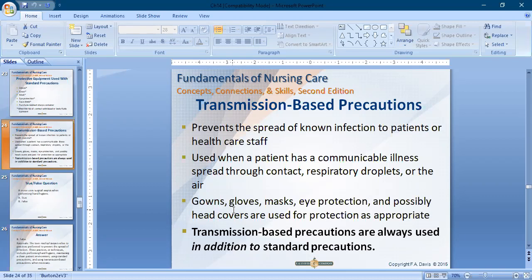Gown, gloves, mask, eye protection, and possibly head cover are used for protection as appropriate. Transmission-based precautions are always used in addition to standard precautions.